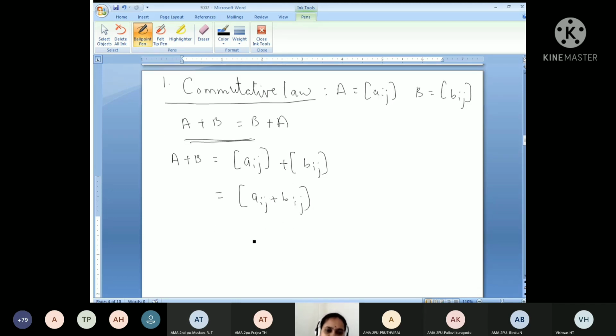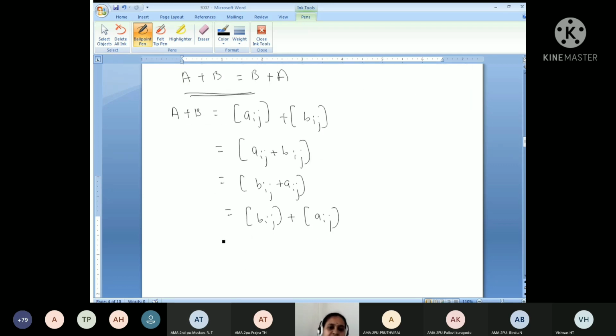This can also be written as Bij plus Aij. This is all not required, but I'll show you. This is nothing but matrix Bij plus matrix Aij, which is nothing but matrix B plus A. This is the commutative property.